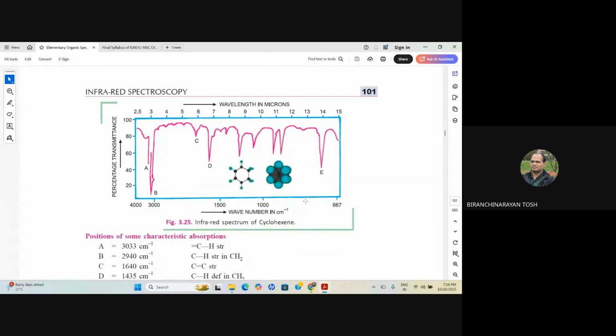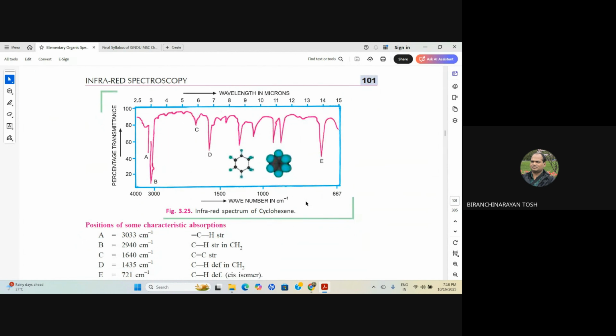Then moving to cyclohexene. One carbon-carbon double bond will be there in cyclohexene, and to that double bond, hydrogen is also attached.